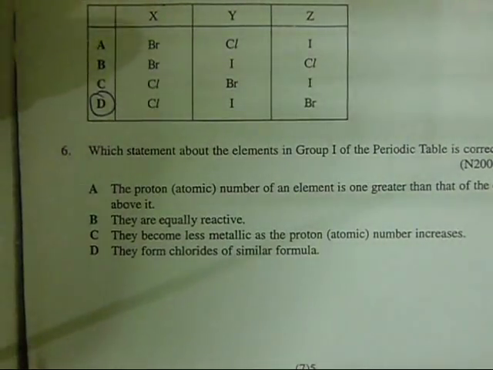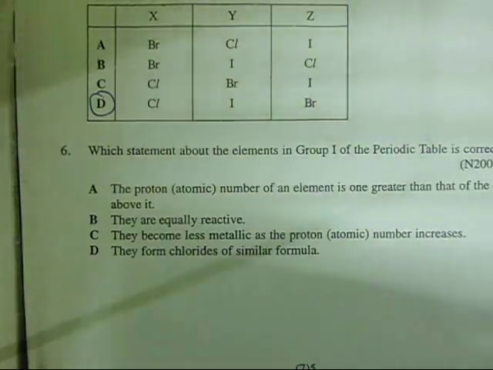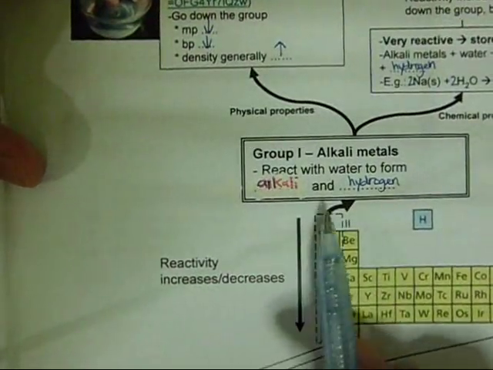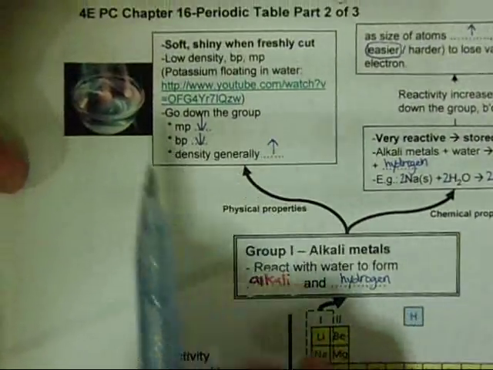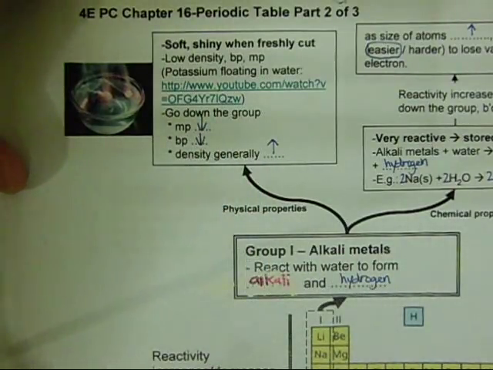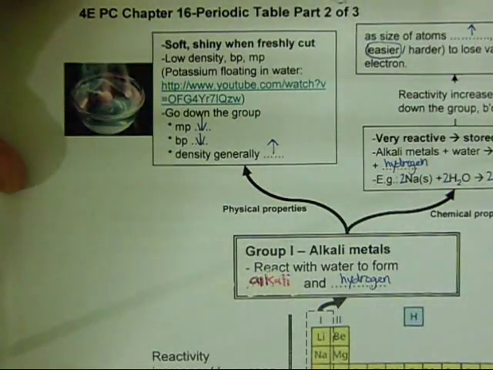They are not equally reactive, because as you look at the mind map again, the reactivity of the group 1 elements are not the same. Why? Because as you go down the group, wait a minute, it is not here.